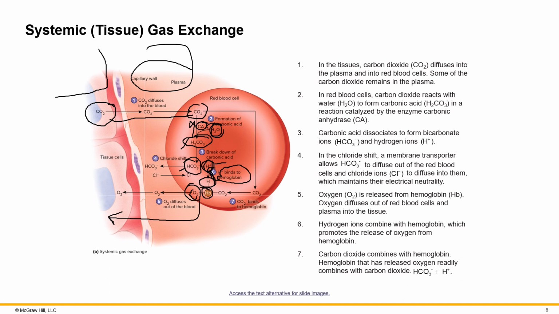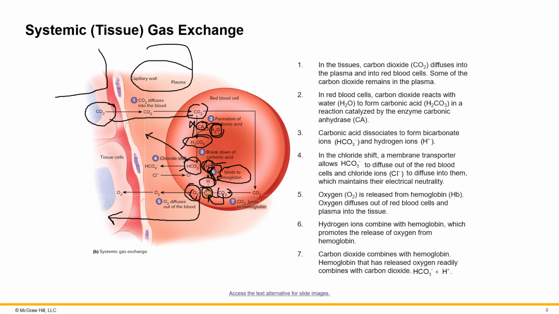Oxygen combined with hemoglobin is oxyhemoglobin. Oxygen leaving hemoglobin becomes deoxyhemoglobin. Carbon dioxide can also bind hemoglobin, and that is called carbaminohemoglobin.